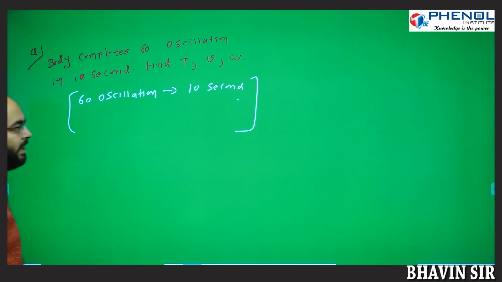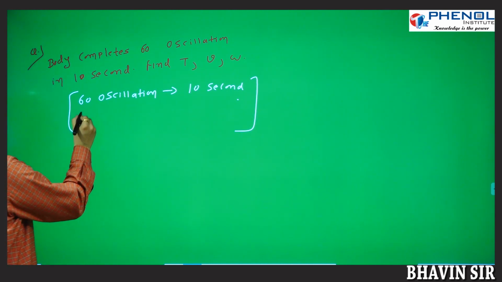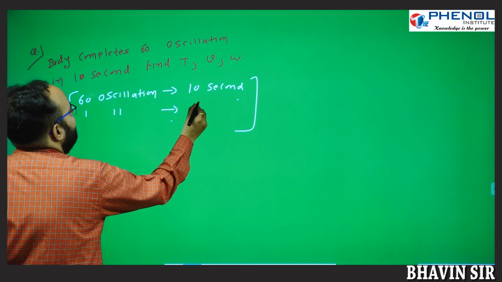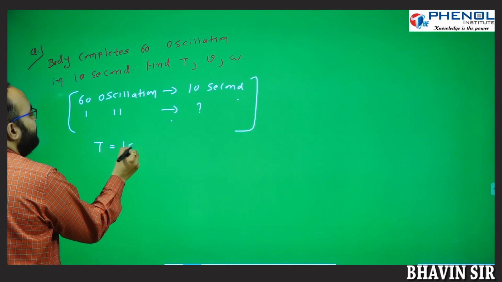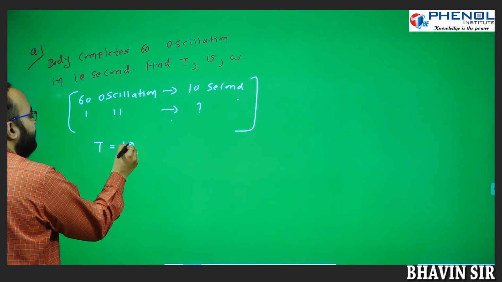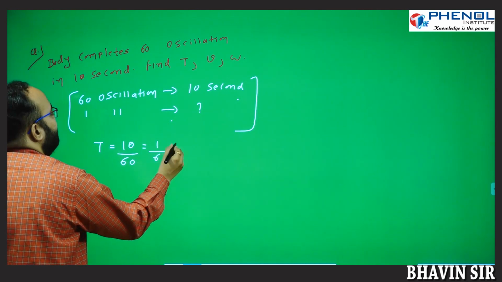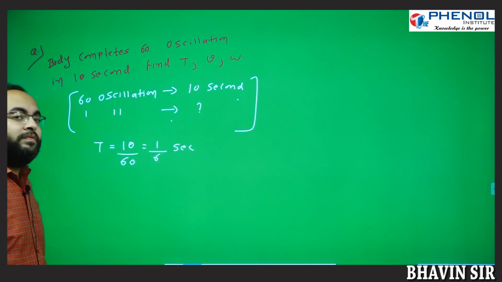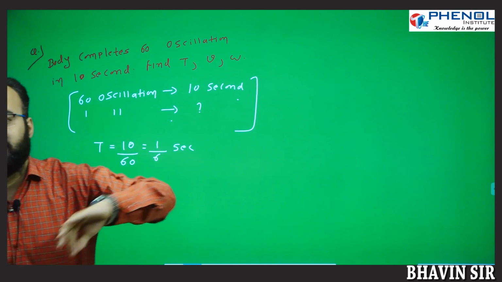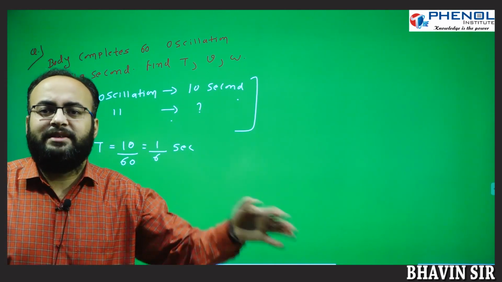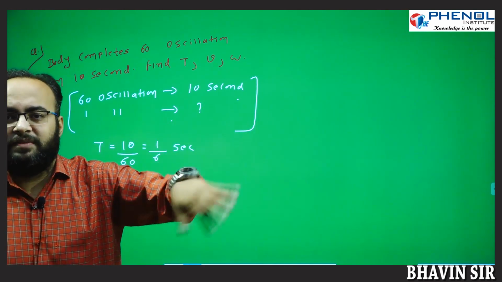But we want the time period: time required to complete one oscillation. So for one oscillation, the time required is 10 by 60. If we prove that T is 1 by nu, you may know the proof, but you write T is 1 by nu everywhere, so that gets proved.